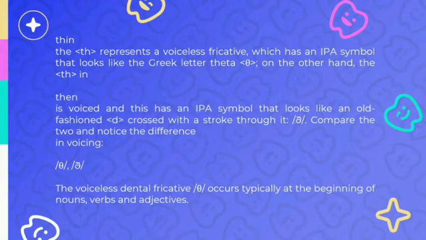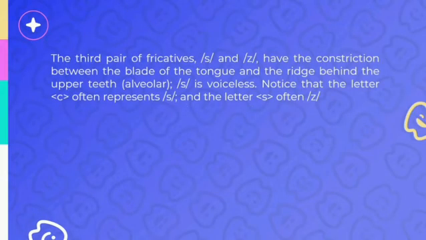The voiceless dental fricative occurs typically at the beginning of nouns, verbs, and adjectives. The third pair of fricatives, s and z, have the constriction between the blade of the tongue and the ridge behind the upper teeth, or alveolar.